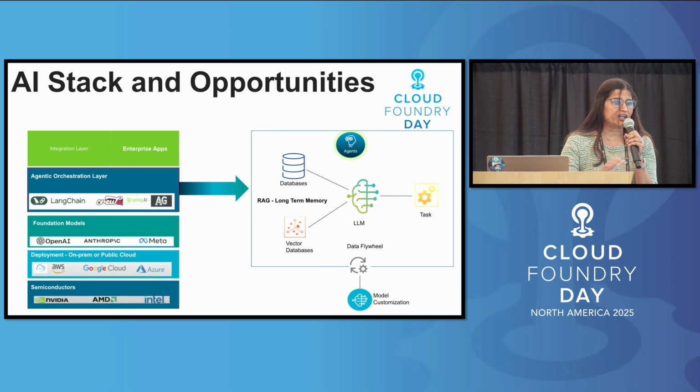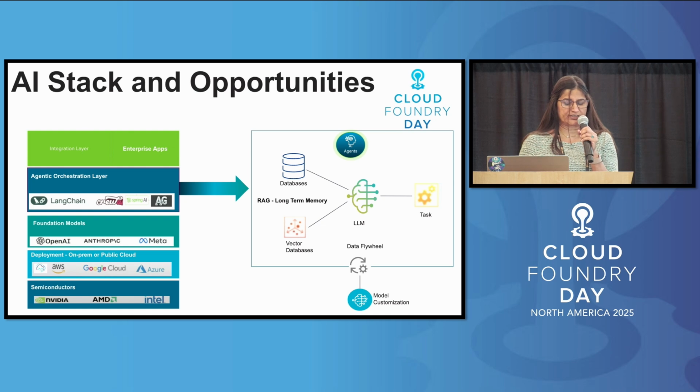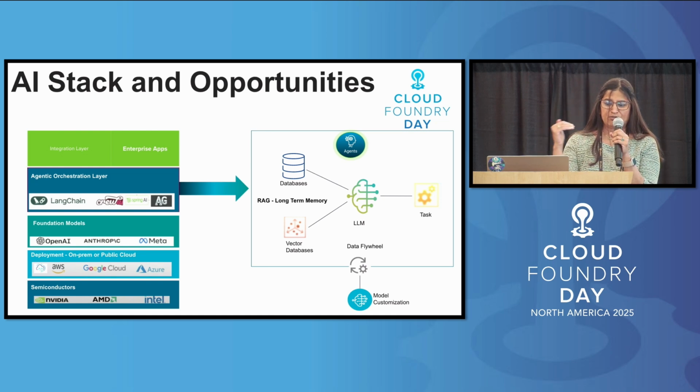So to overcome these limitations in the AI stack, we have introduced a new layer, which is the agentic orchestration layer, and that sits in between the foundation models and the integration layer. So what are these agents?